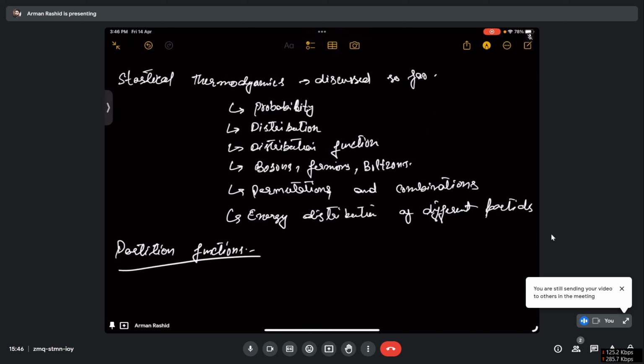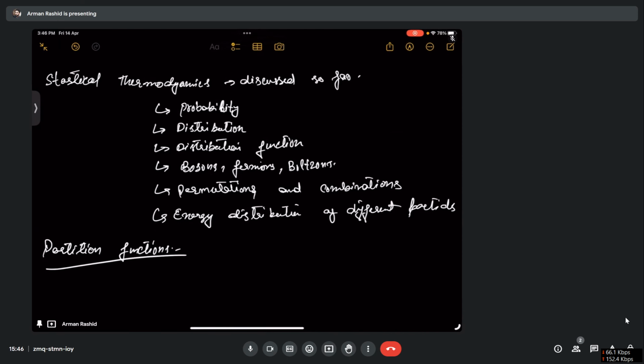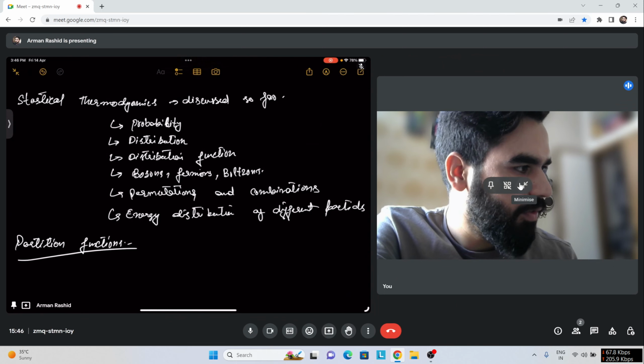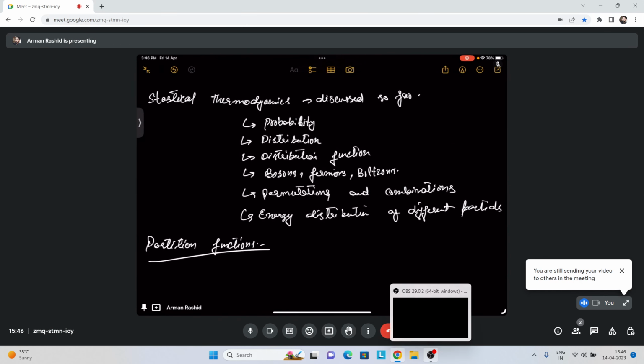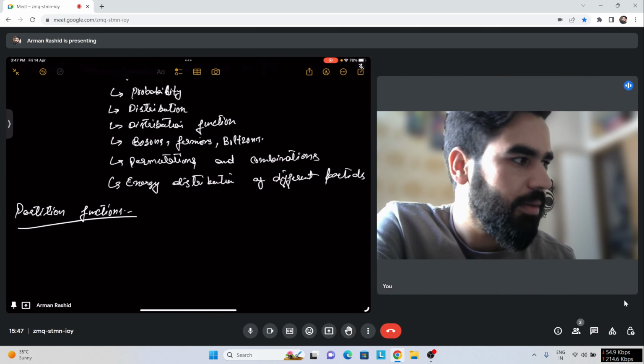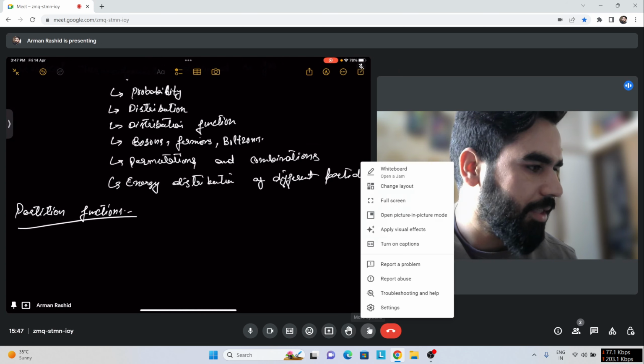This is very important, a central core identity in statistical thermodynamics. Just like we have the wave function in quantum mechanics, similarly we have the partition function in statistical thermodynamics. It contains the information about your system, and from this partition function we can calculate the different thermodynamical parameters of the system.